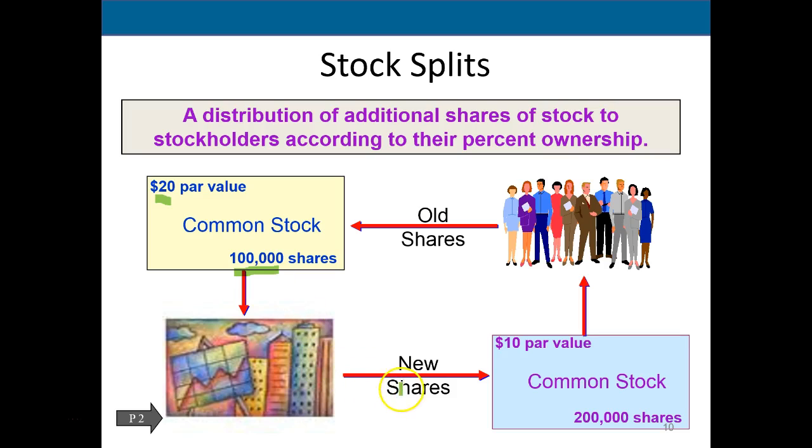Then we're going to issue the new stock, which means that if we just did a stock split, now it's worth $10 per share, but there's 200,000 shares out there. So what this means is there's no difference to the owners as to the value of the shares. It's just that now they have twice as many shares that have half as much of the par value.